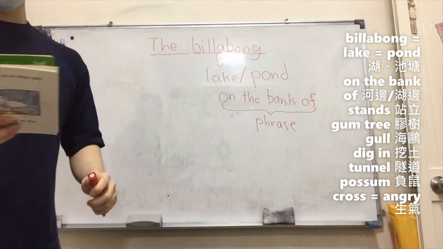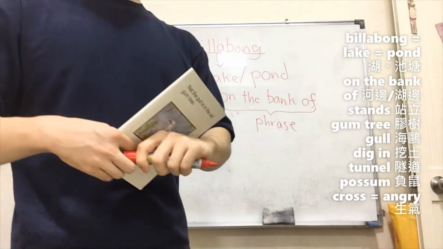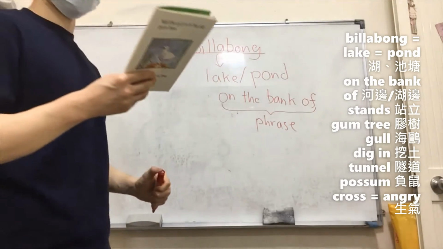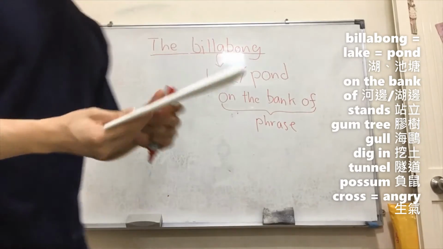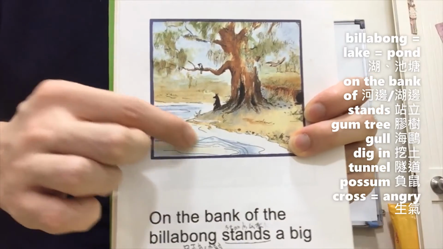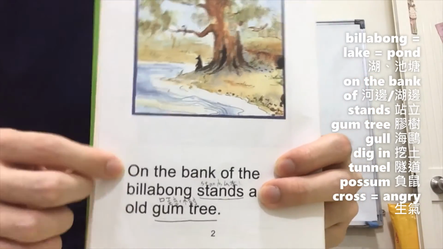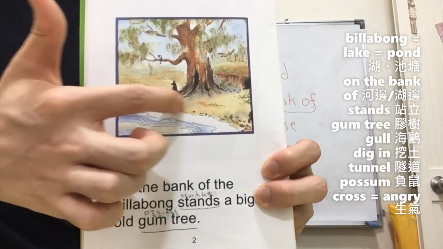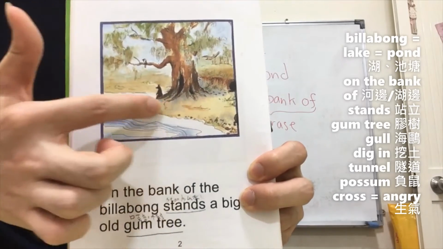What does on the bank of mean? As you can see here, this is the pond. And when I say something is on the bank of, it means it is just at the side.